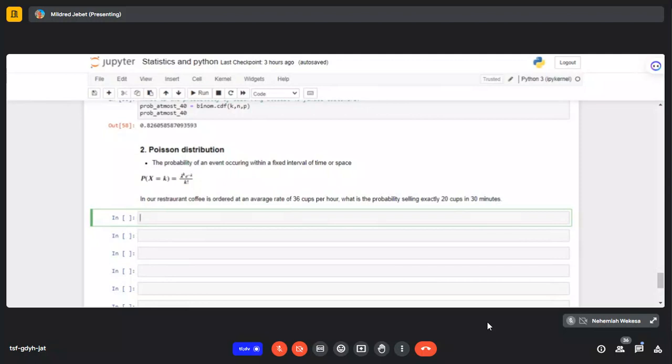If we go back to the restaurant example, coffee in a restaurant is being served 35 cups per hour. What's the probability of selling exactly 20 cups in 30 minutes?